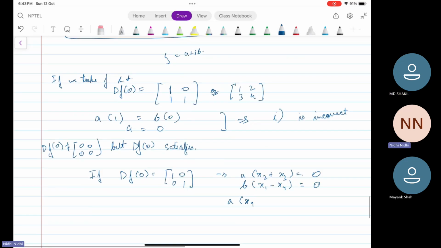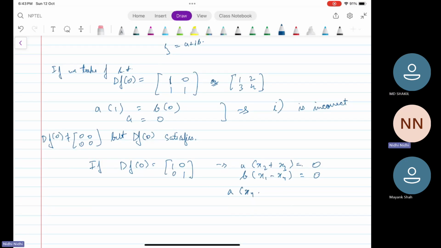Because everything will eventually be zero in this case, no? Identity is a non-zero map that is satisfying the conditions. Therefore, the second option is also incorrect.